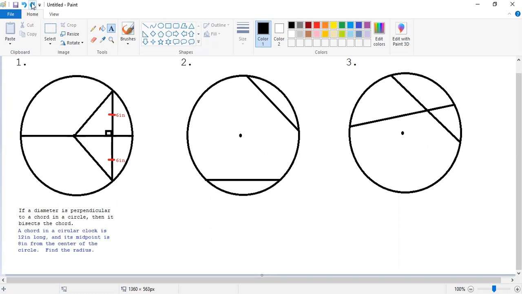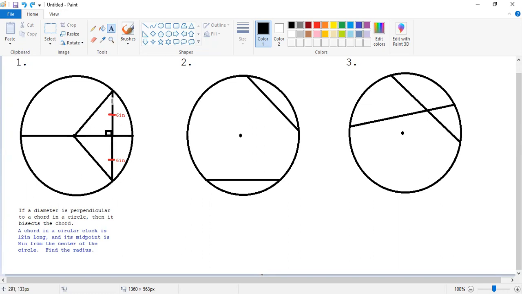A chord in a circular clock is 12 inches long, and its midpoint is 8 inches from the center of the circle. Find the radius. So we have a chord that measures 12 inches long, right?